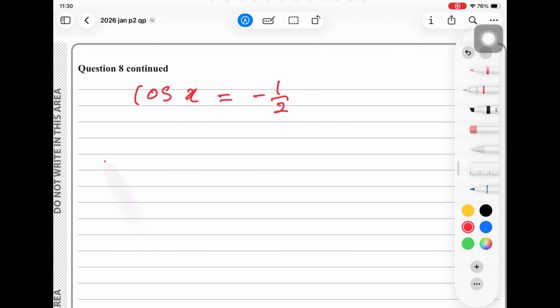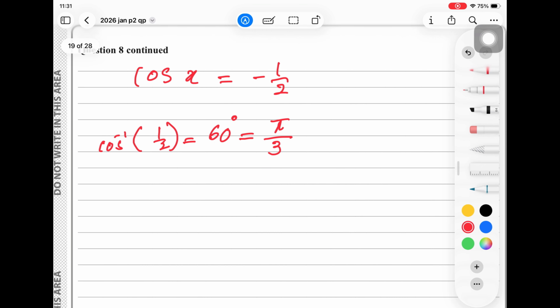Now we have x equals, we can take it in degree format, which is 60 degrees, but since it's about pi, we can get the answer with respect to pi as well, which is pi divided by 3. Good. Since the cosine is a negative value, what are the quadrants is my next question.